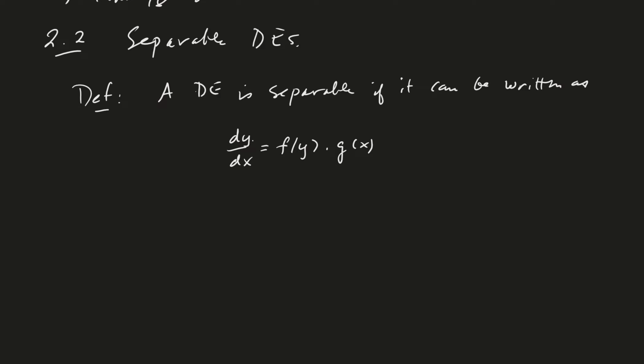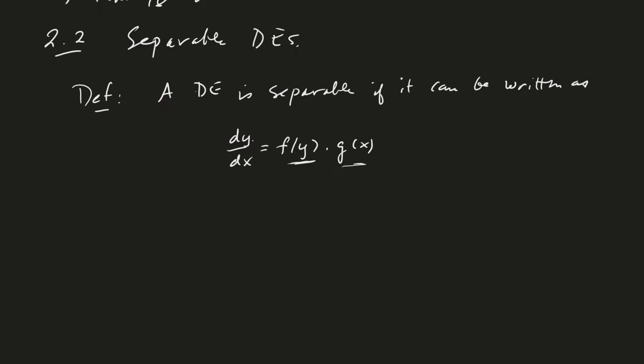This is saying that you can factor the differential equation into an expression that depends only on y times an expression only in terms of x or t. You can have a t there too instead of x.